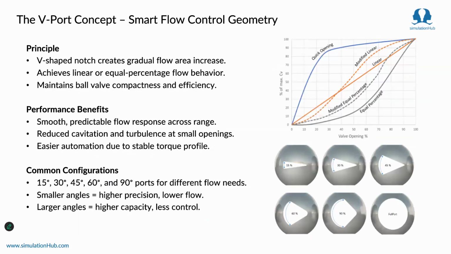Instead of having a full port, as you can see in the image at the bottom right corner, we can precisely control the valve using the geometry additions of these V notches. They take out the limitations of a conventional ball valve. They give you precise control with a compact size, and at full opening you have much lower pressure drops as compared to a globe valve.